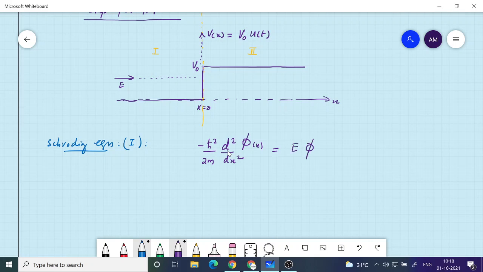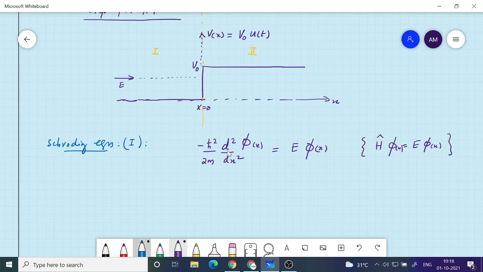So H psi is equal to E psi. So that is the time independent Schrodinger equation. H psi is equal to E psi. Okay, psi is a function of x called the eigenfunction. E is the eigenvalue. So it's an eigenvalue problem, and since the potential is 0, I am not having the second term in H. It is only having one.